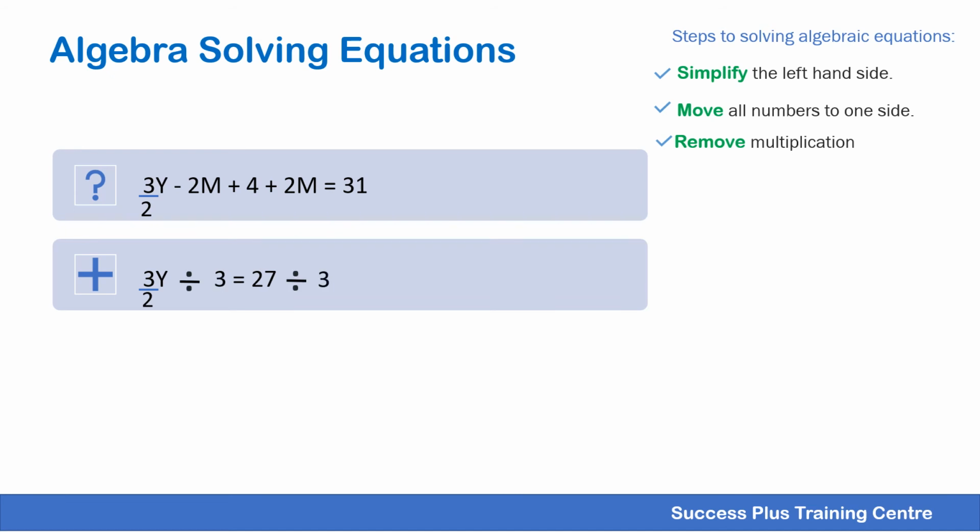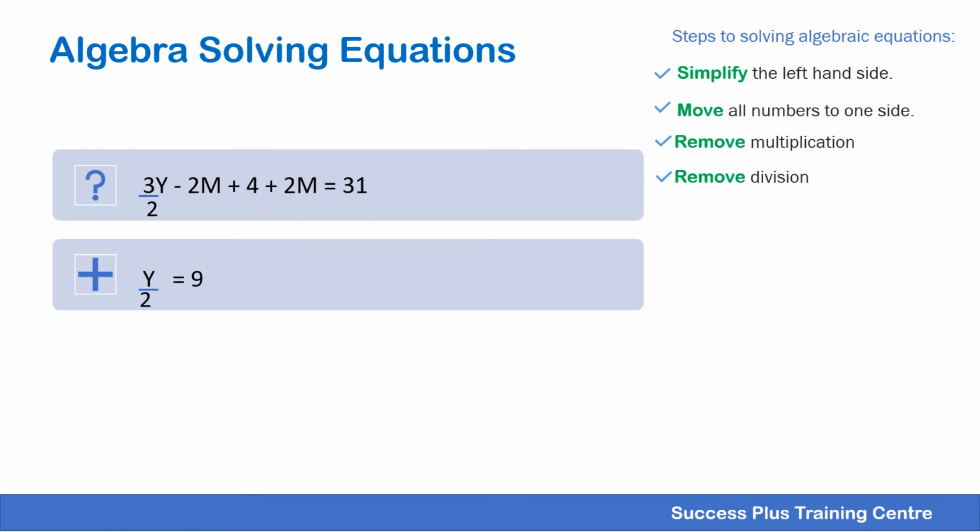Using the third step to solving algebraic equation, I need to remove the multiplication, so I need to divide both sides by 3. Don't get confused if you find a fraction divided by a number. Remember, we're dividing by 3 to remove the multiplication between 3 and y. This means both values of 3 will cancel each other out, leaving you with y divided by 2 equals 9.